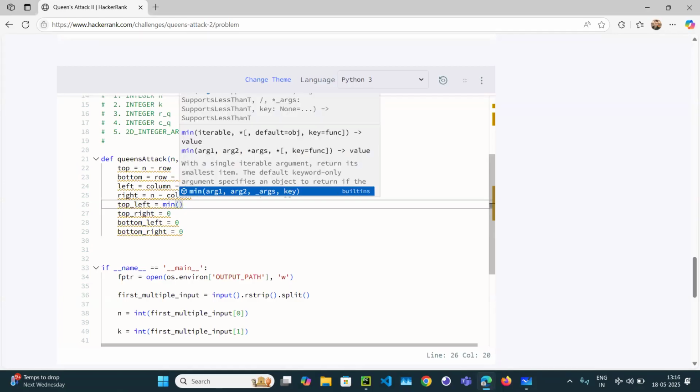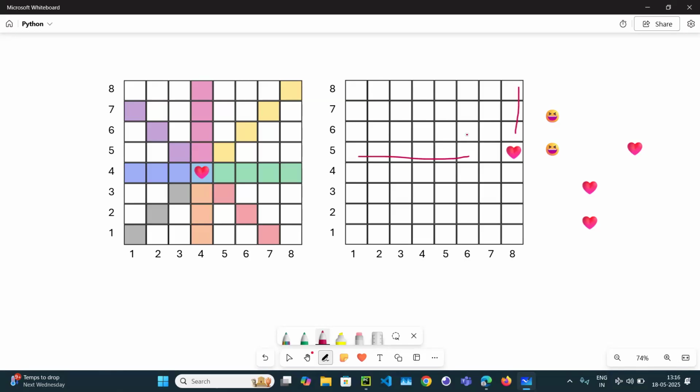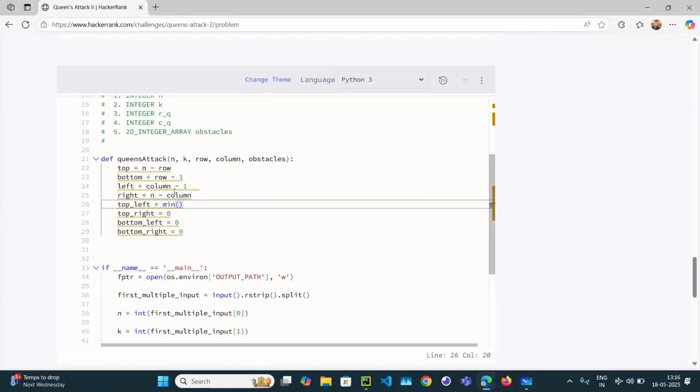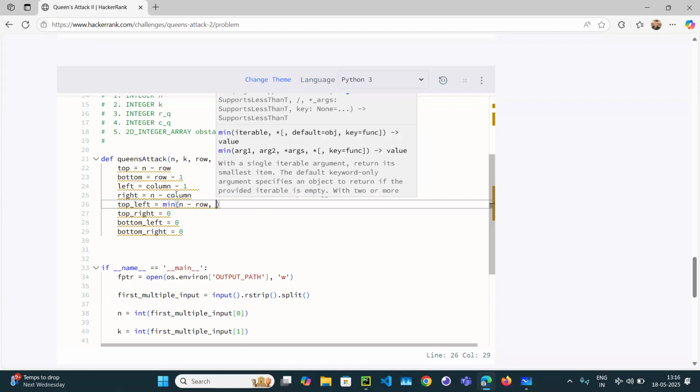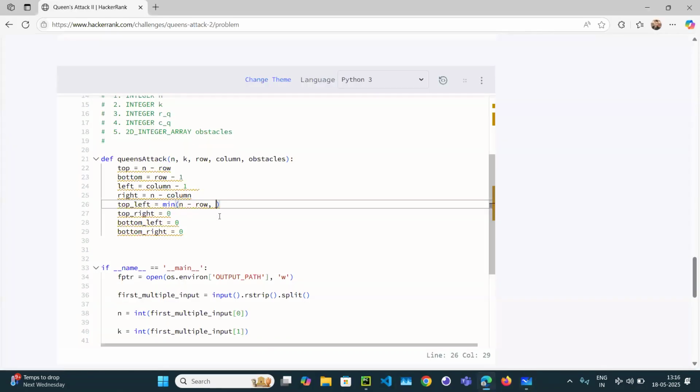Minimum of left and minimum of top. So minimum of top means n minus row. Minimum of left is column minus 1. So now you have another formula as well.